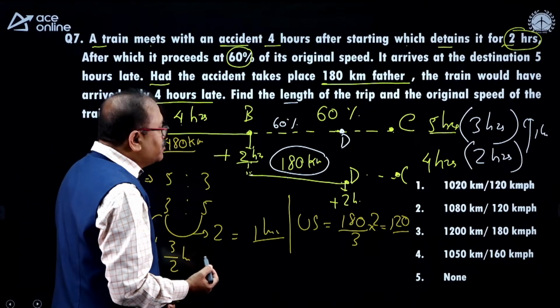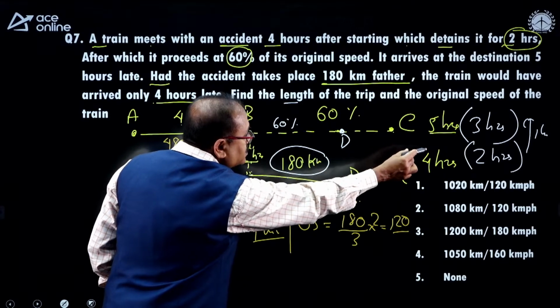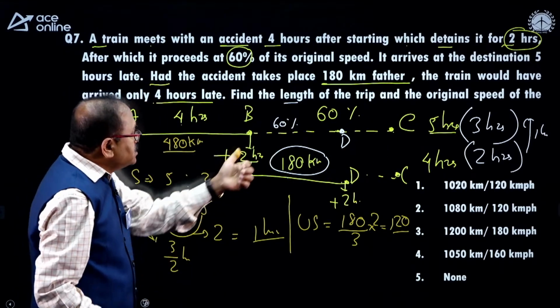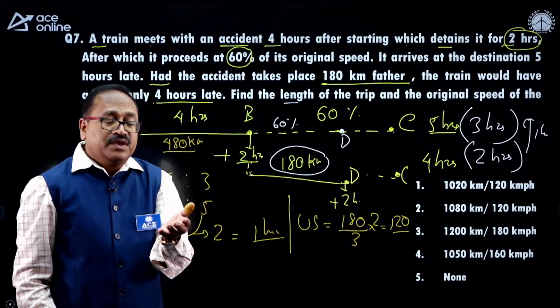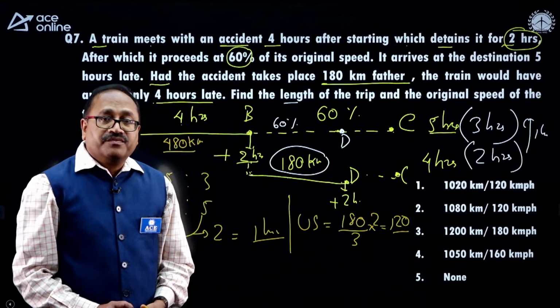So how do I find out B to C? Here 1 hour difference is there with the usual speed and the 60% speed. What is 60% of 120 kilometer per hour? So 12 sixes are 72 kilometer per hour.